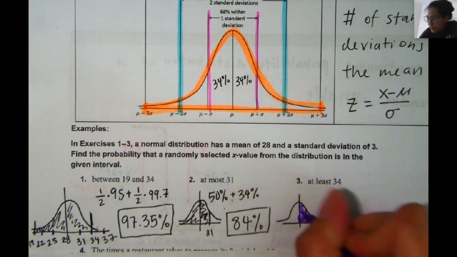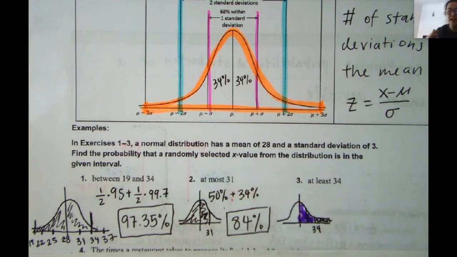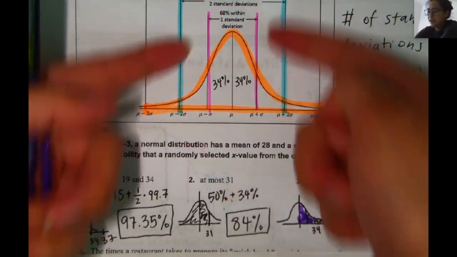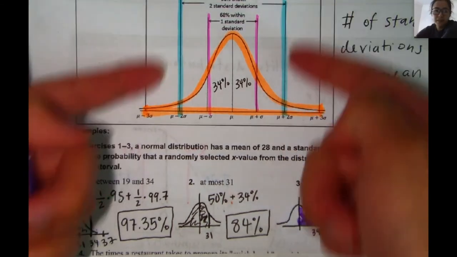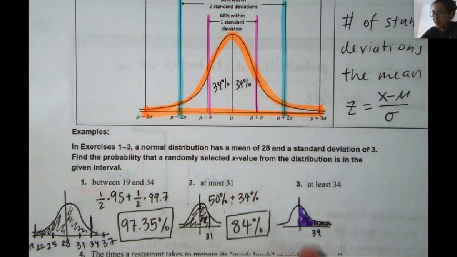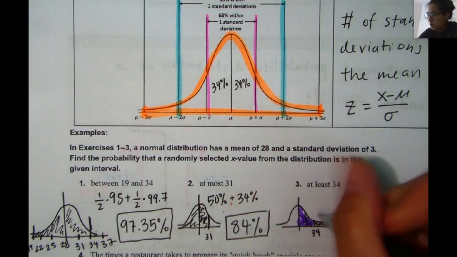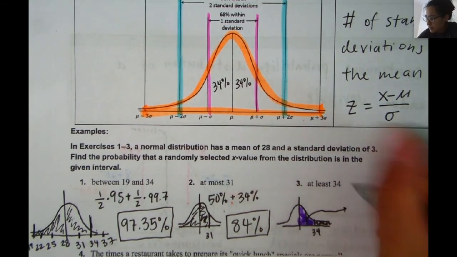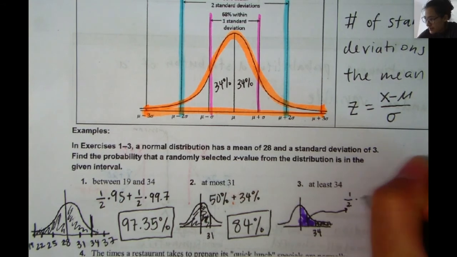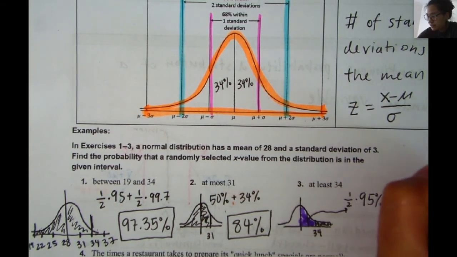For this portion right here, this is going to be half of 2 standard deviations away. All of that 2 standard deviations is supposed to be 95%, but this here is only going to be half of that. So this right here is going to be 1/2 times 95%.